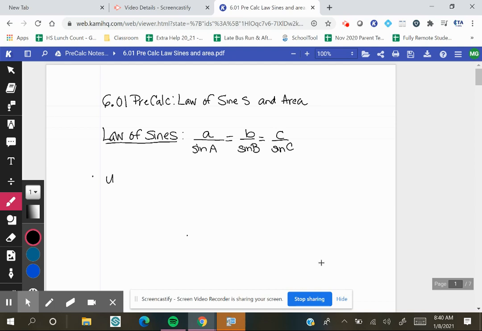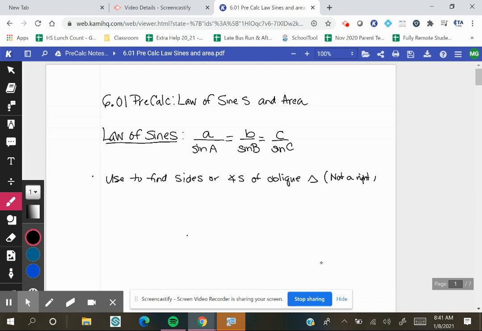Other notes here, you want to use law of sines to find sides or angles of an oblique triangle. So it's not a right triangle, it's an oblique triangle.